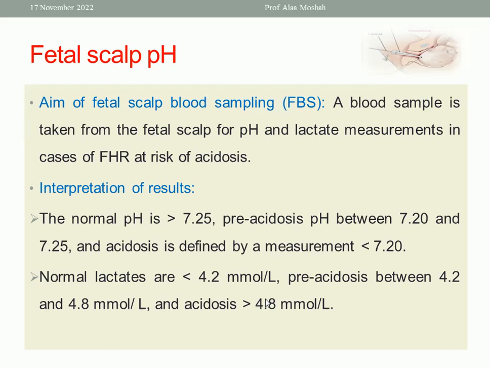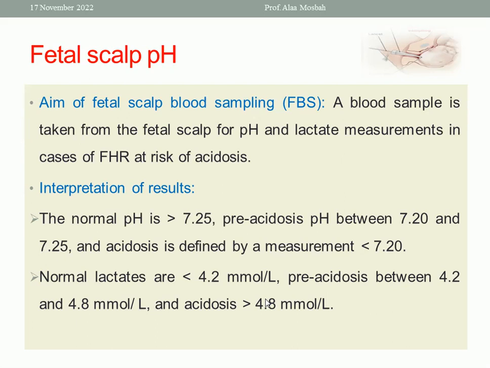Okay, sorry, acidosis less than 7.20, but the pre-acidosis between 7.20 and 7.25. So the normal fetal scalp pH should be more than 7.25.